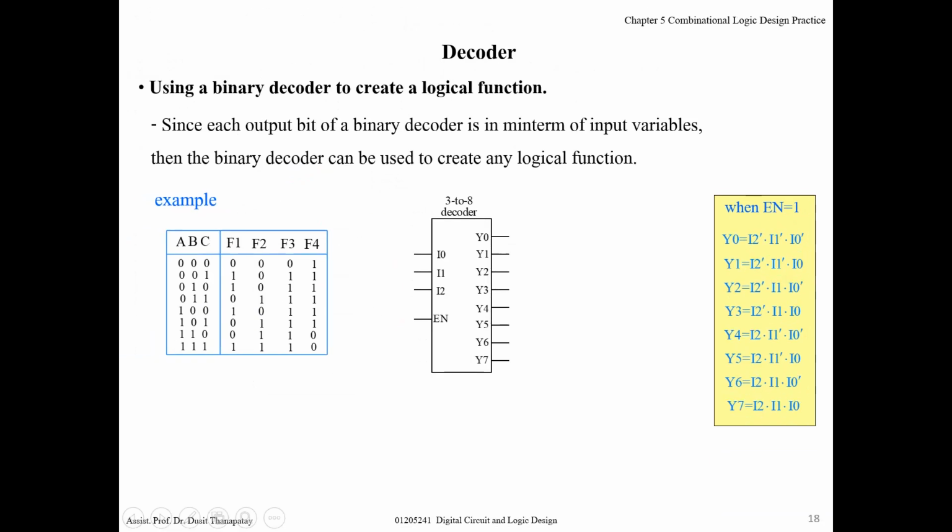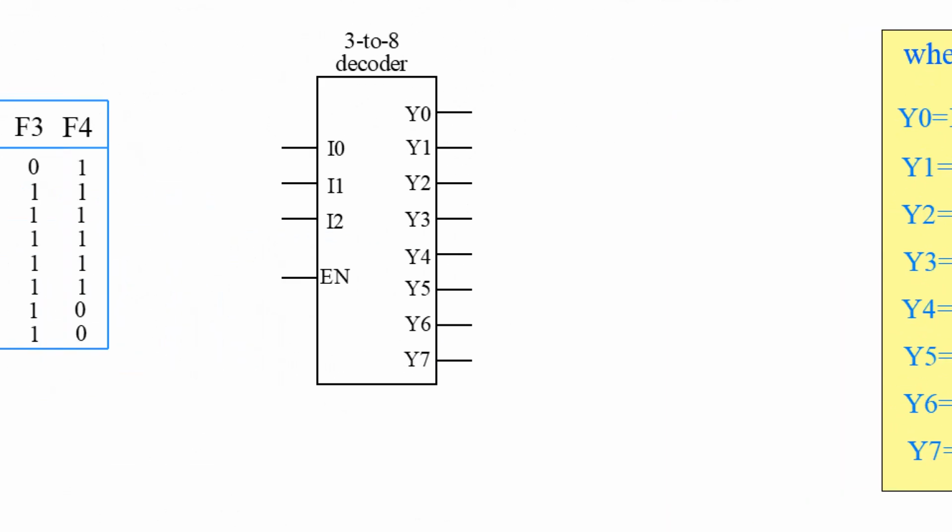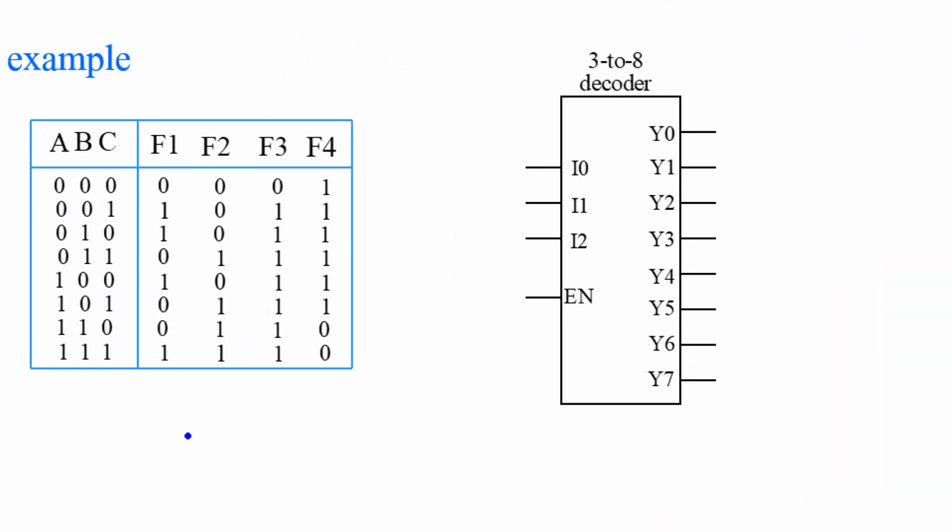That means, for example, for this function, if I want to implement function F1, maybe I apply one to enable and connect inputs A, B, C here. So output F1 will be 1 when input is 0 0 1, and the corresponding output is Y1.